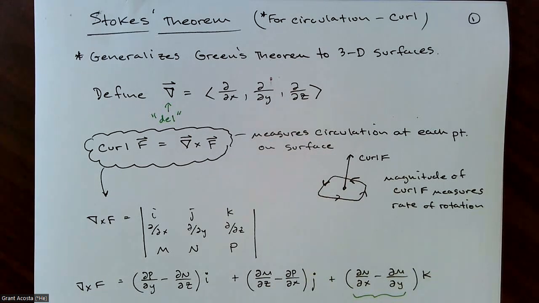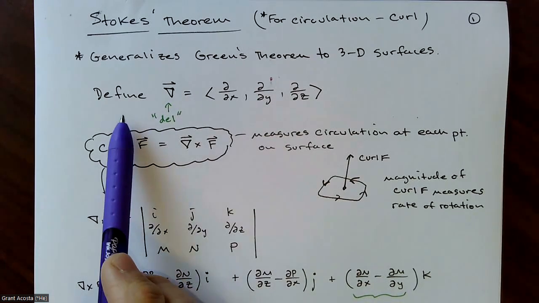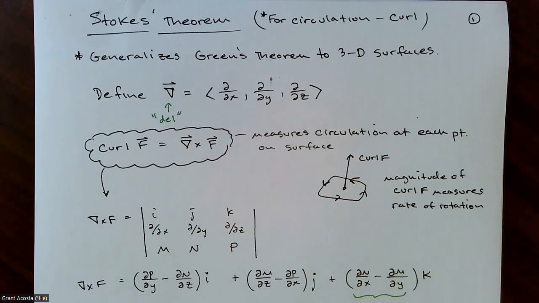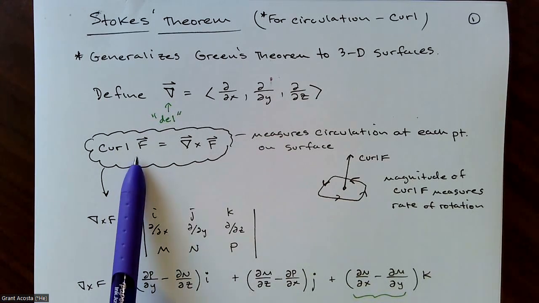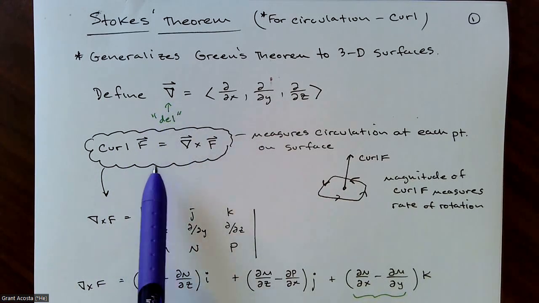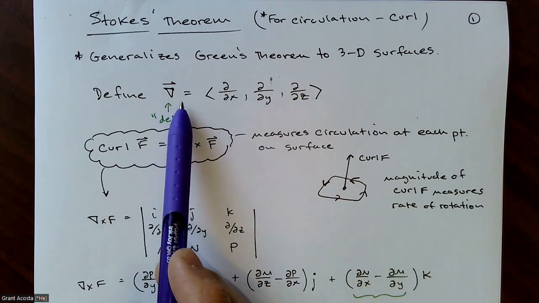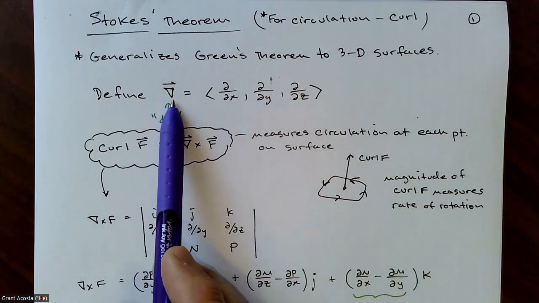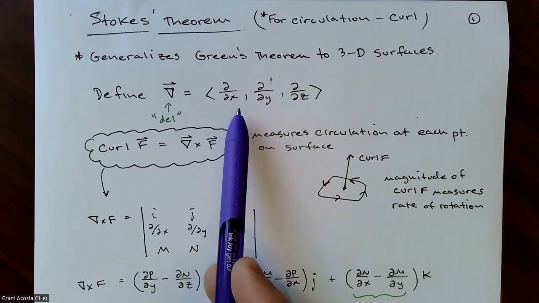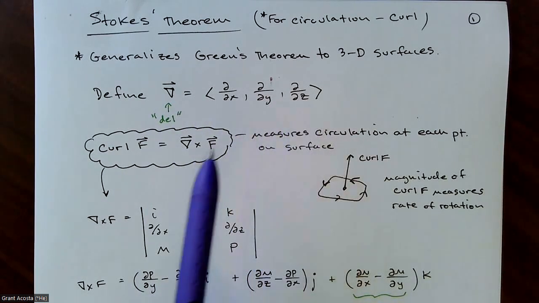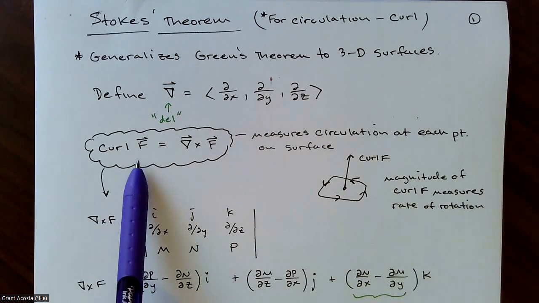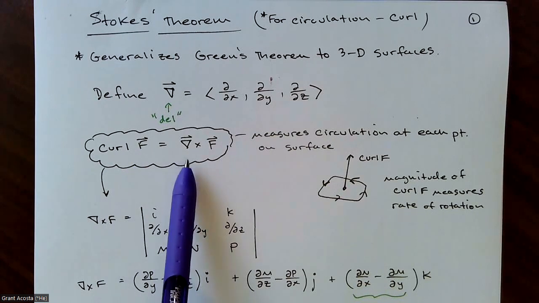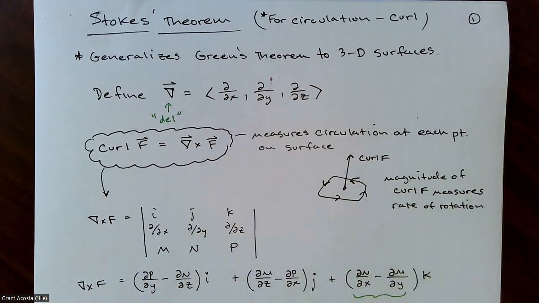In a previous video, we did introduce the idea of the curl vector for a vector field. In order to define curl, we define this del, a vector made up of your three partial derivatives. The curl of a vector field f is defined to be del crossed with f.